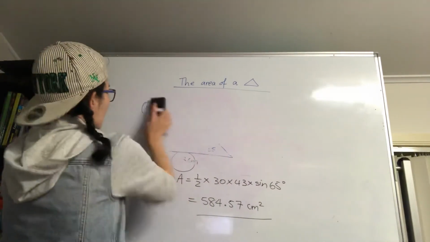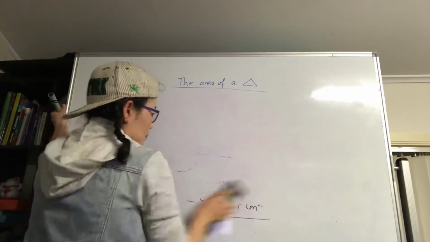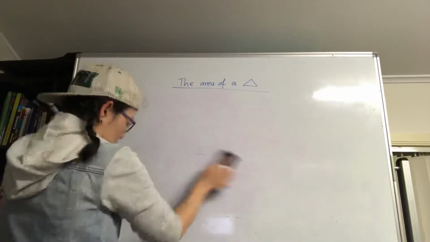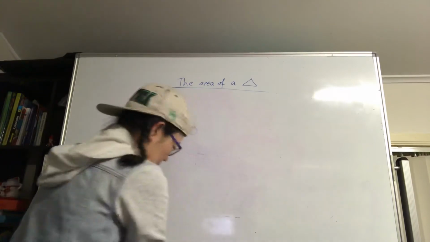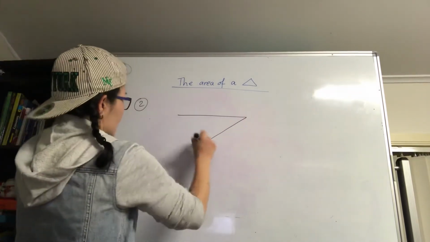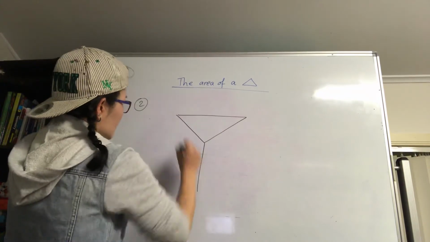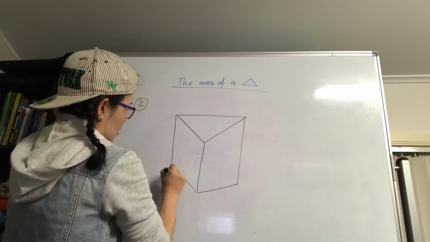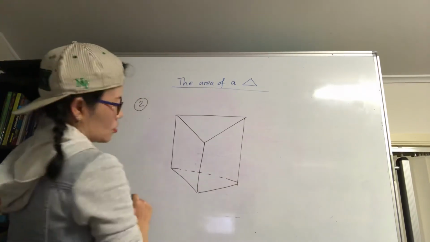Excellent. So the next one is a little bit more difficult because it's going to be an applied question. An applied question is always a bit tricky. So I'm going to sketch the triangular prism. It's not too bad.